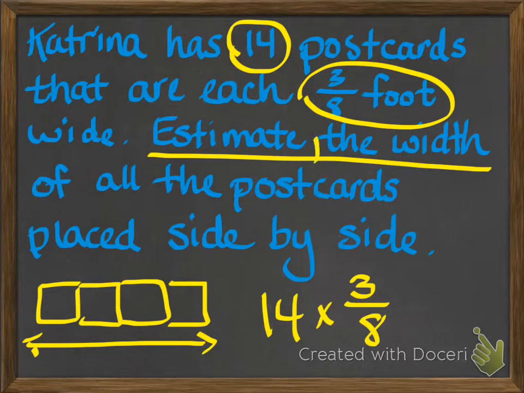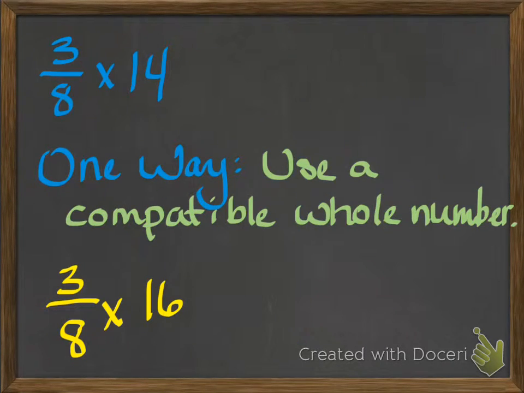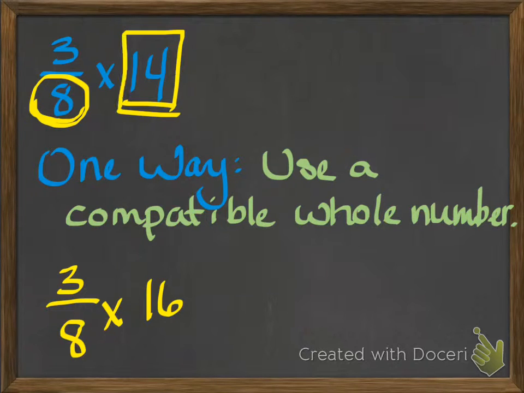But it also says to estimate, so I'm not finding the exact answer, I'm estimating. I'm going to show you a couple different ways that you can do that today. The first way is to use compatible whole numbers. I can change this whole number to a compatible number. I'm going to think about the number in the denominator, and ask what whole number is easily divided by 8?